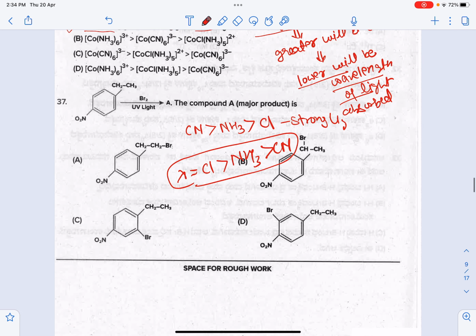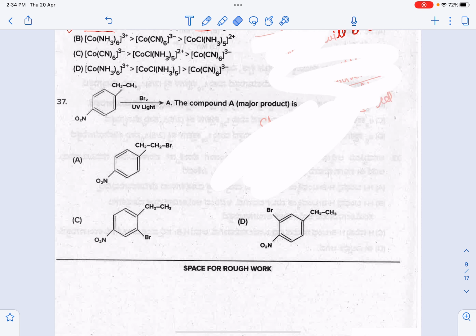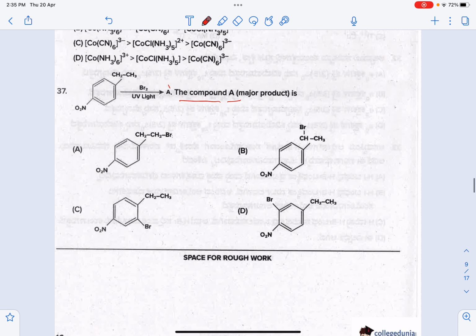Now the next question: here a reaction is given and asked for the major product, compound A. Some options are given. Now you can see that in the presence of UV light, bromine attacks only the aliphatic chain.